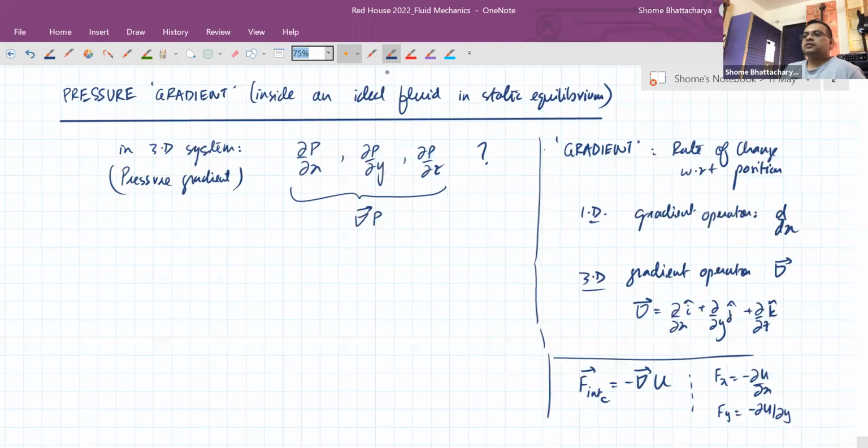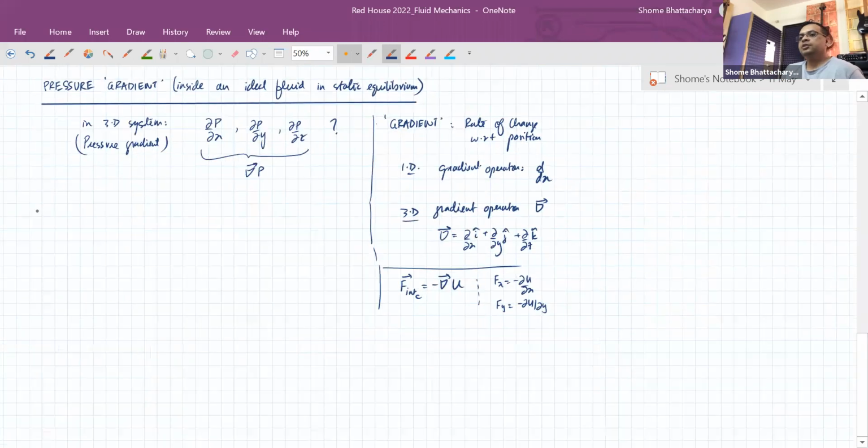So the easiest and most relatable example of pressure gradient is the case where we have, as I was just telling you, a fluid at rest in the inertial frame or in the ground frame. So an ideal fluid at rest or in static equilibrium in an inertial frame.